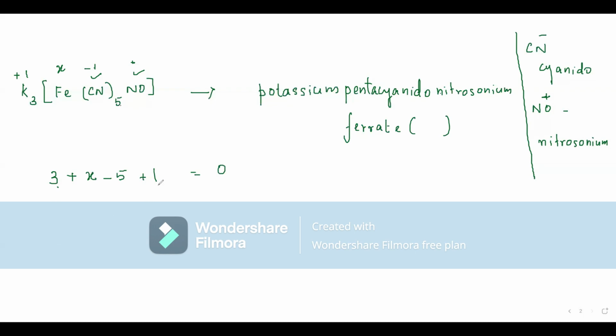So 3 plus 1, 4. 4 minus 5, 1, right? X minus 1 is 0. X is equal to +1. So that +1 is written in Roman numeral. Therefore, the name of the second compound is potassium pentacyanido nitrosonium ferrate(I).